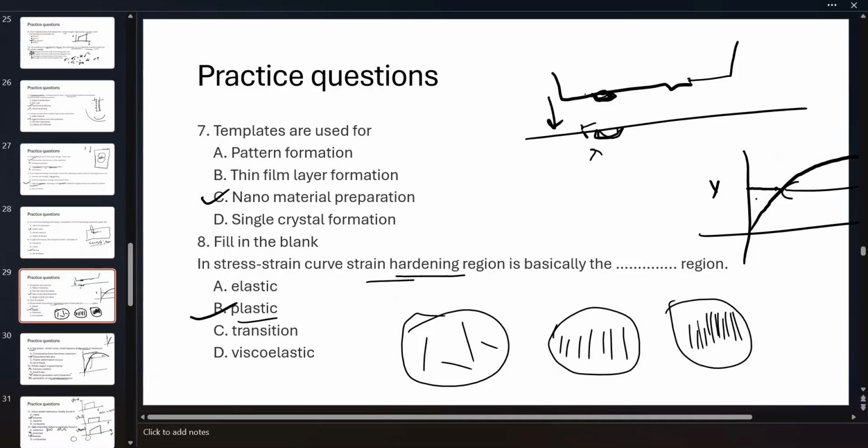As soon as you reach across this elastic region, across the yield point, these dislocations are able to jump from one grain to other.